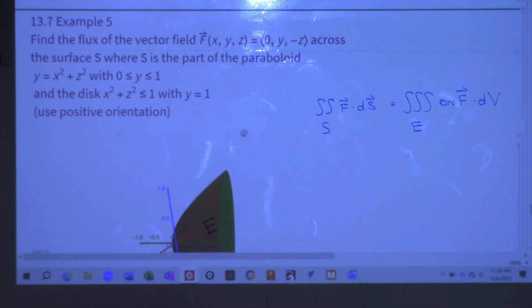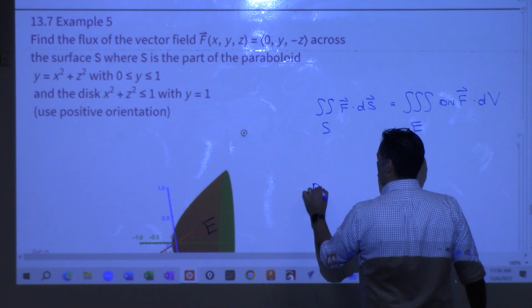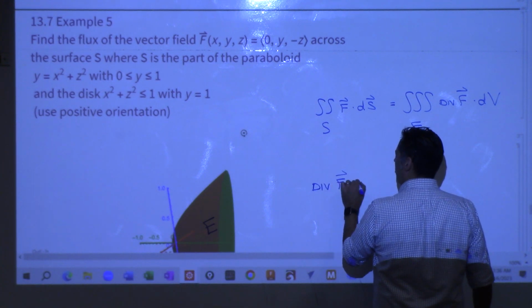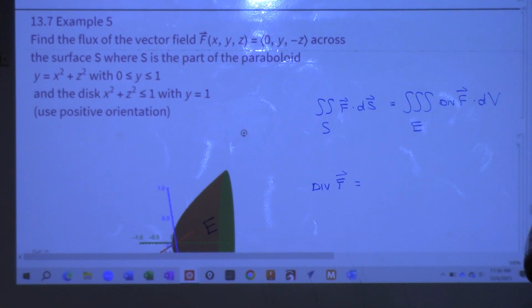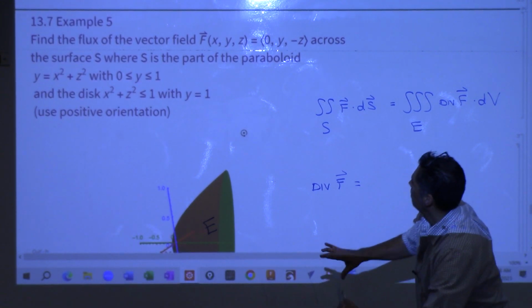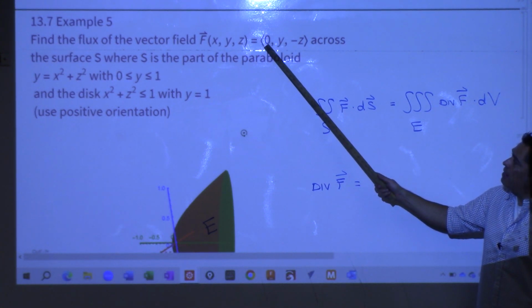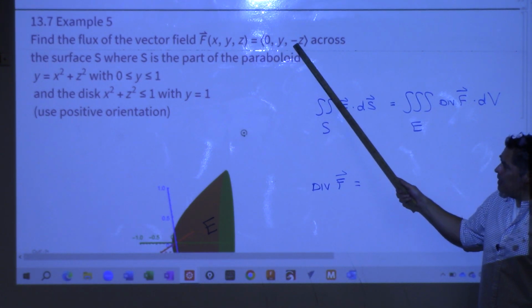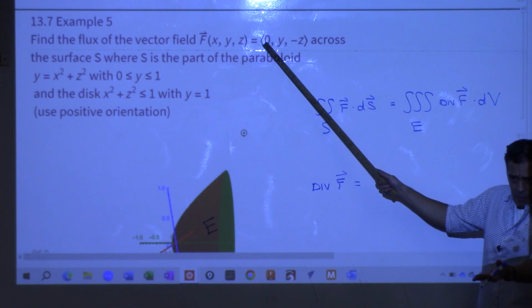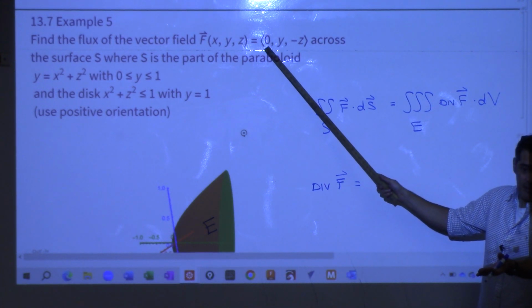What's the div of F? Do y'all remember how to compute the div of a field? Curl of a field sucks because you have to cross, but this one is real easy. You take the first component and take its derivative with respect to x, which would be 0.